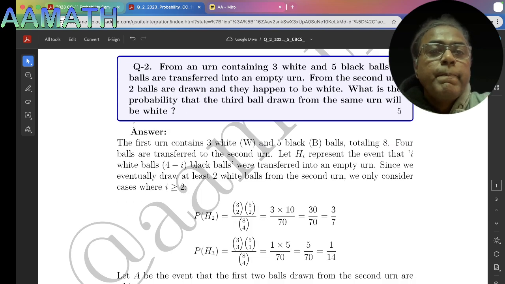Here, given that the first urn contains 3 white balls and 5 black balls, total 8 balls there. 4 balls are transferred to the second urn.